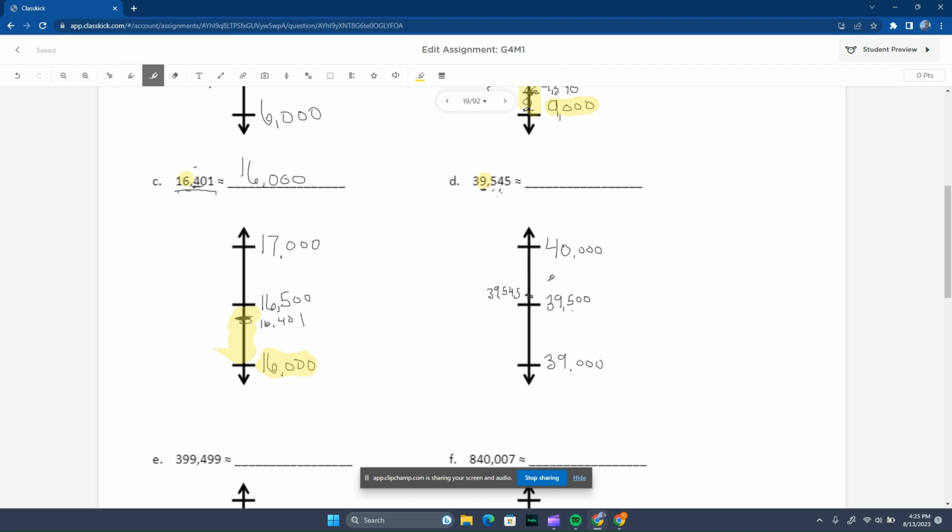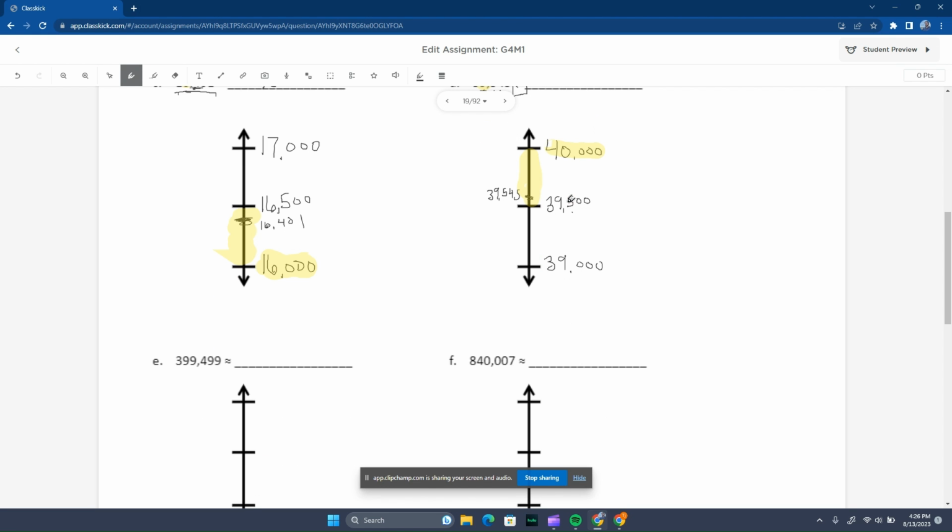But since it is just above 39,500, we would say we round up to the next amount of thousands, which makes 40,000. This symbol here, this sort of wavy equal sign, really just means about. So 39,545 is about 40,000, saying that we would round up. If we're rounding to the nearest thousand, it is closer to 40,000 than it is 39,000, just barely.